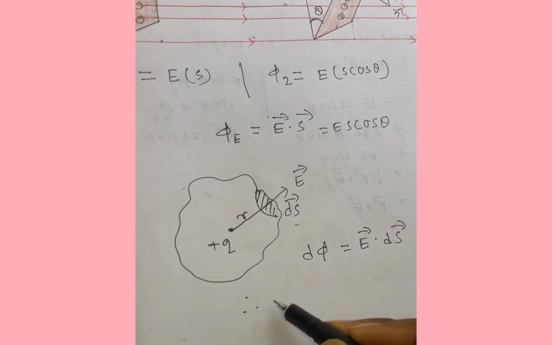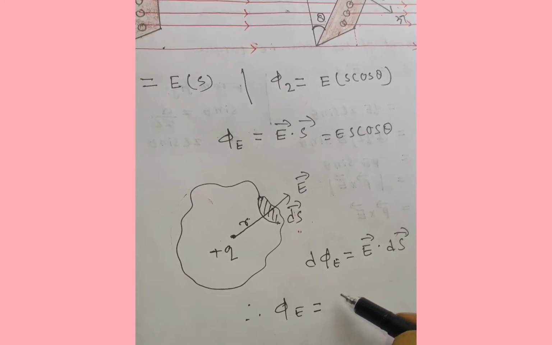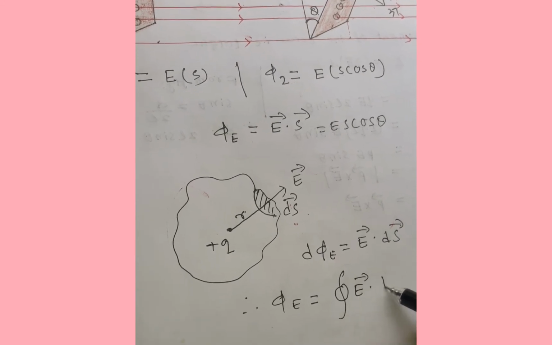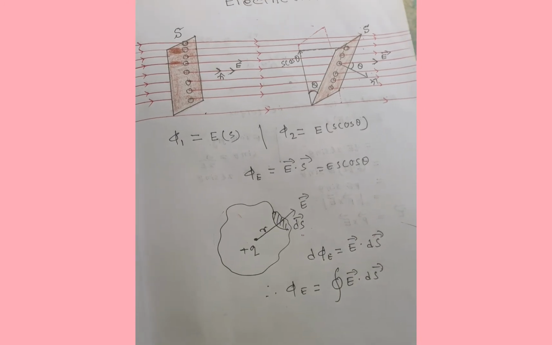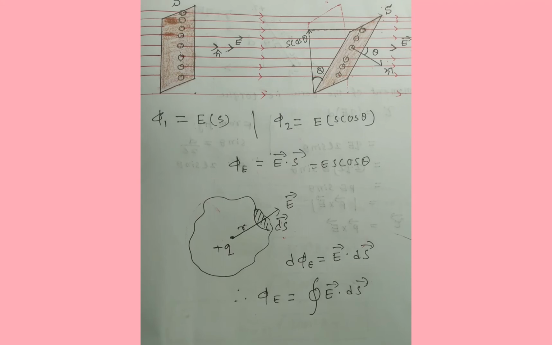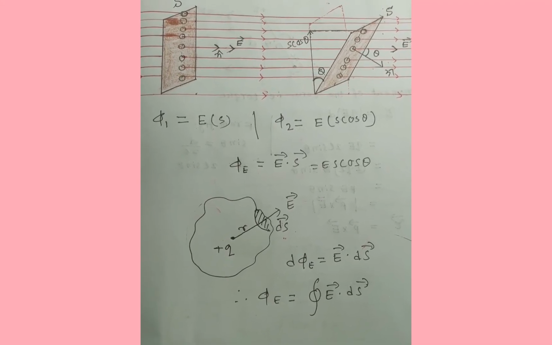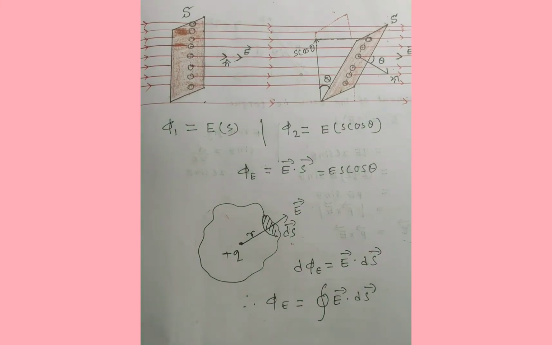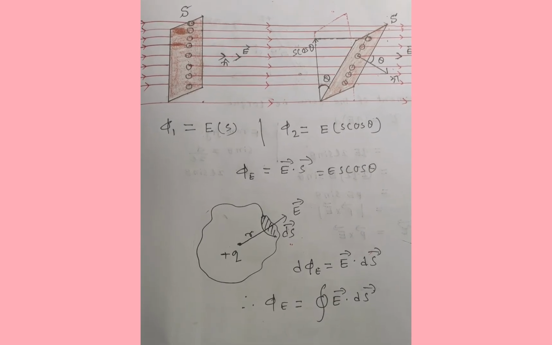Therefore, total flux phi E equals closed integral E dot dS. We see that electric flux is obtained from the dot product of vectors. Hence, the electric flux is a scalar quantity.